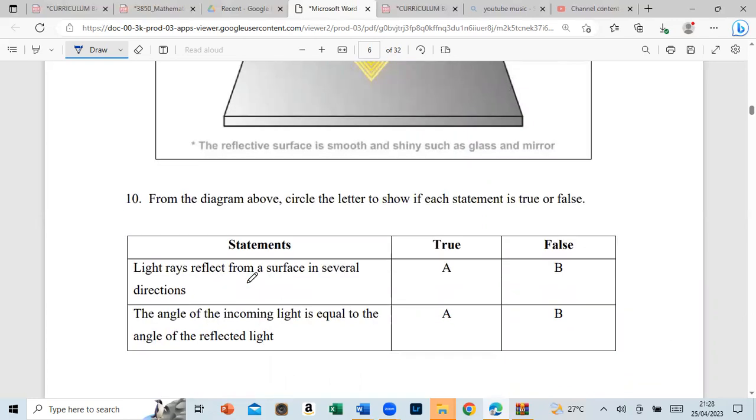Light reflects from a surface in several directions. Oh, that is B. That would be false. The angle of incoming light is equal to the angle of the reflecting light. And that is A. That is correct. All right, let's move on to number 11.